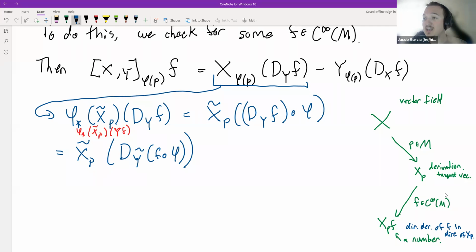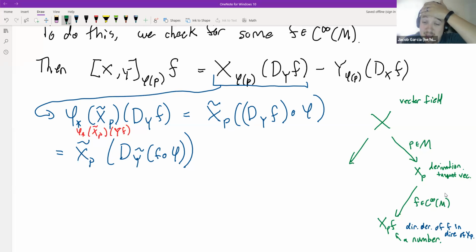That's what it's generalizing. If I give you a tangent vector and a function, then you can ask what's the rate of change of the function in the direction of that vector. And that's how we combine a function and a tangent vector, right?